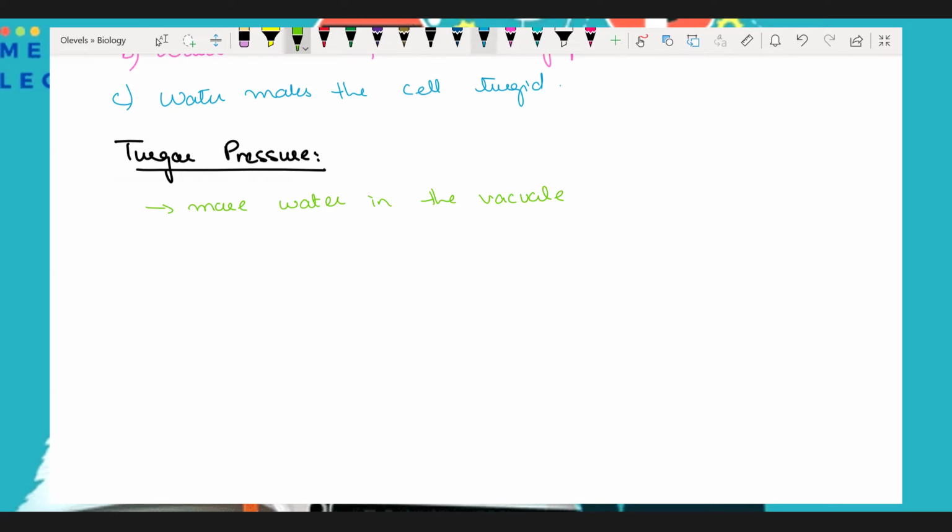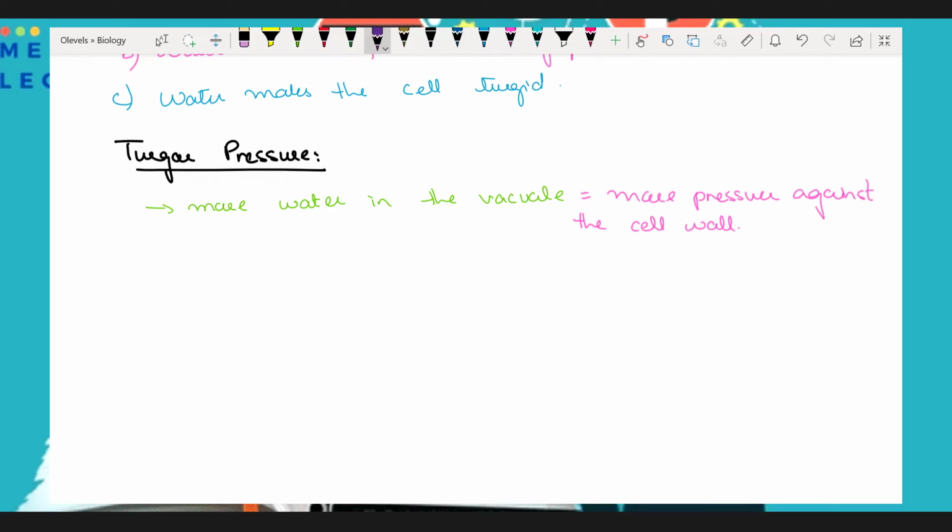So if there's more water in the vacuole, it means there is more pressure against the cell wall, right? Is that clear? This is just what we have studied before, right?